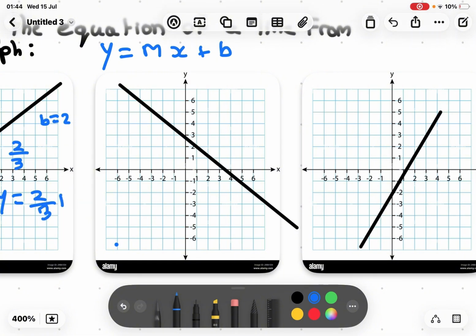Okay, never mind. I wanted to get rid of this dot, but now the y-intercept is 3, and so let's pick a point. Well, we can pick 5, for example. 1, 2, 3, 4. So -4.